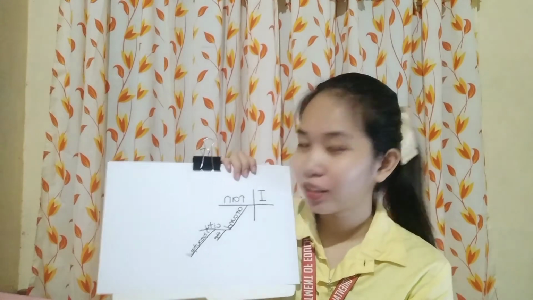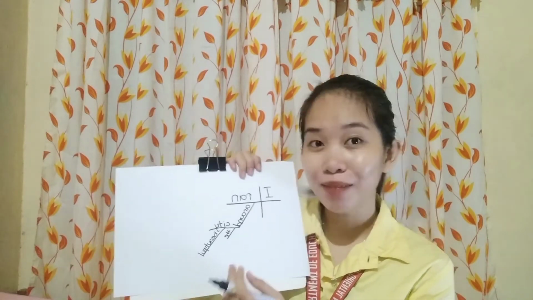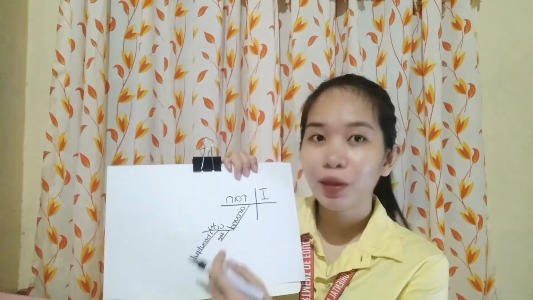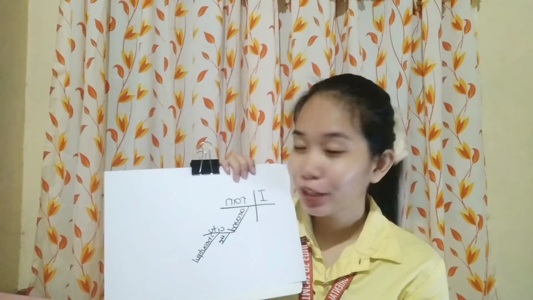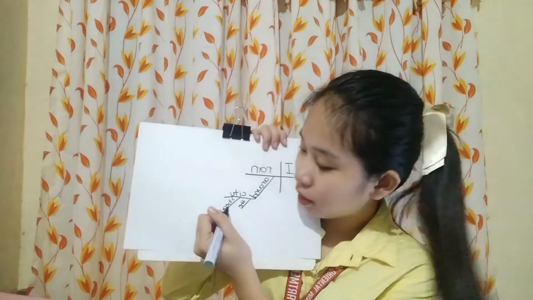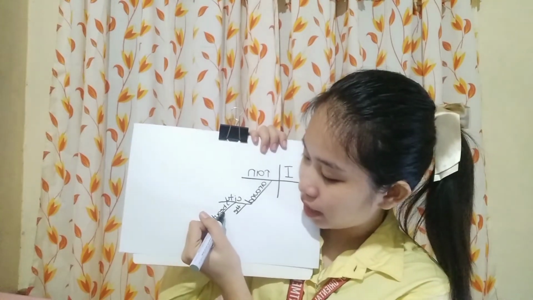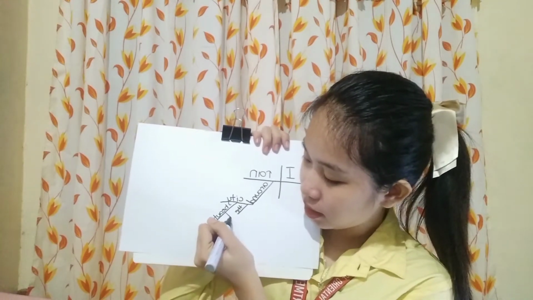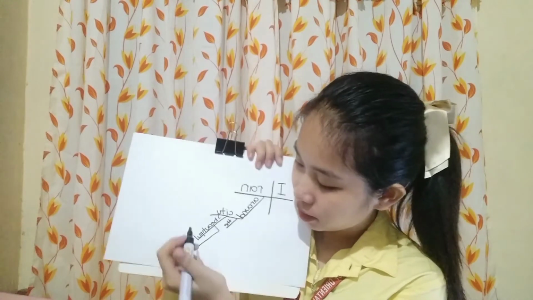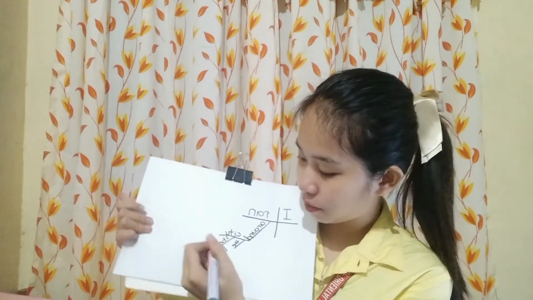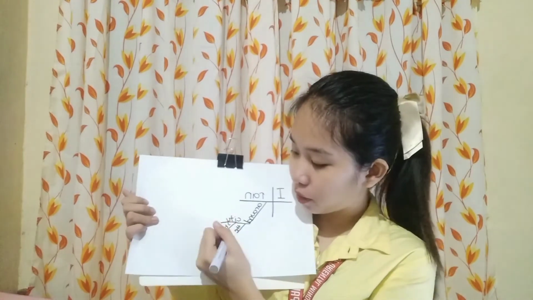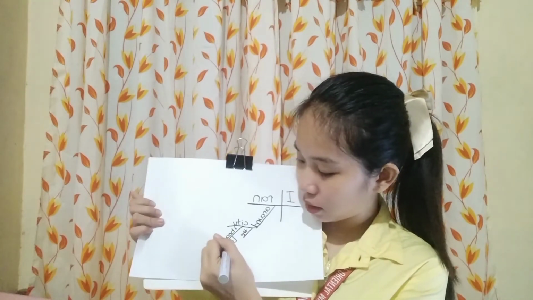So we are going to place the modifier absolutely below the adjective beautiful. We draw a line and a slanted line again and write the modifier absolutely. And there it is. We successfully diagrammed a sentence with a prepositional phrase.